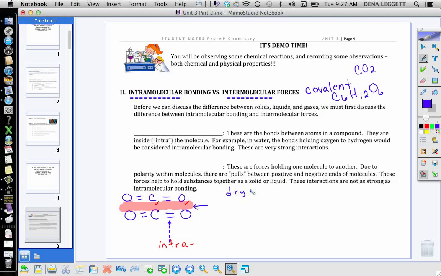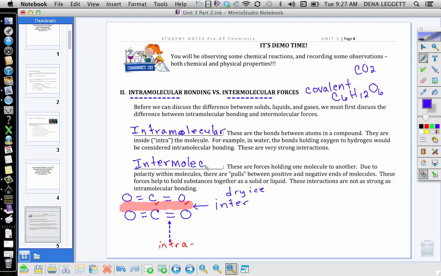The solid state for this would be dry ice. And those forces between molecules are called intermolecular forces. So we have intramolecular within the molecule, and we have intermolecular between two molecules.